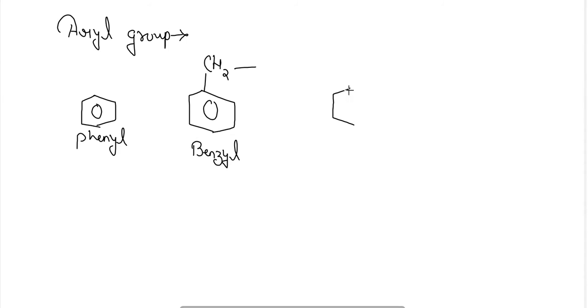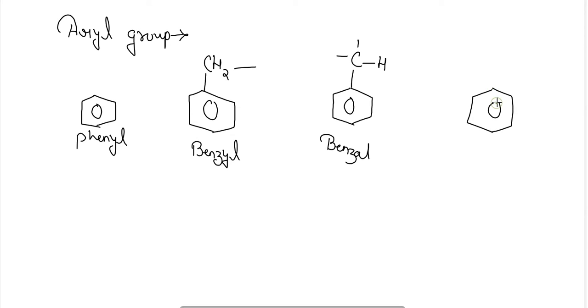When a carbon atom has only one H and two of its bonds are open, it is termed as benzal. And if all three bonds of that particular carbon atom attached to the benzene ring are open, then it is termed as benzo group. So these are the side chains which can be found here.